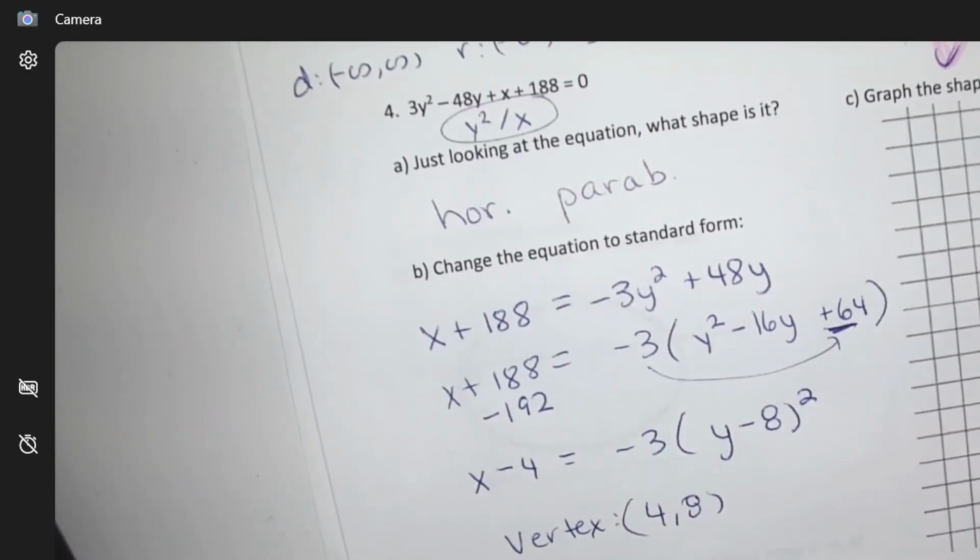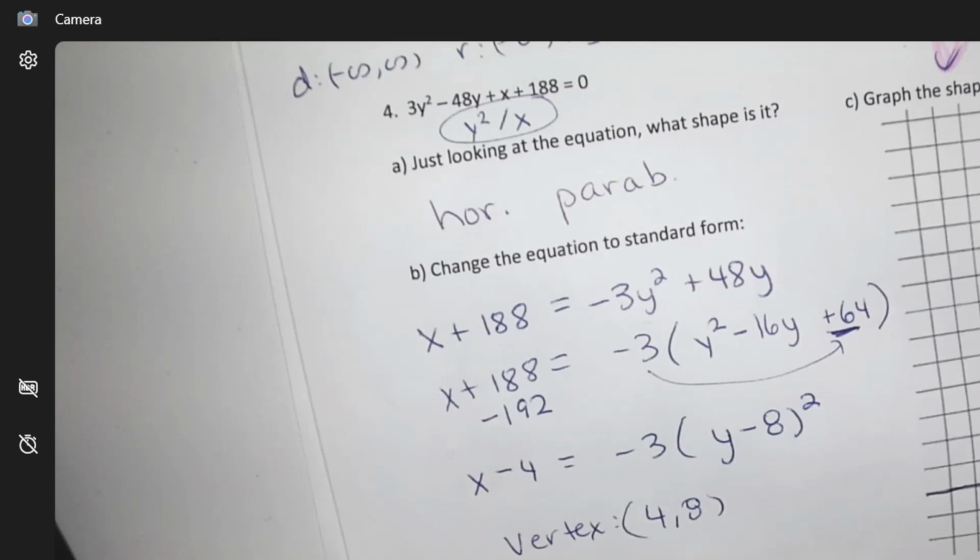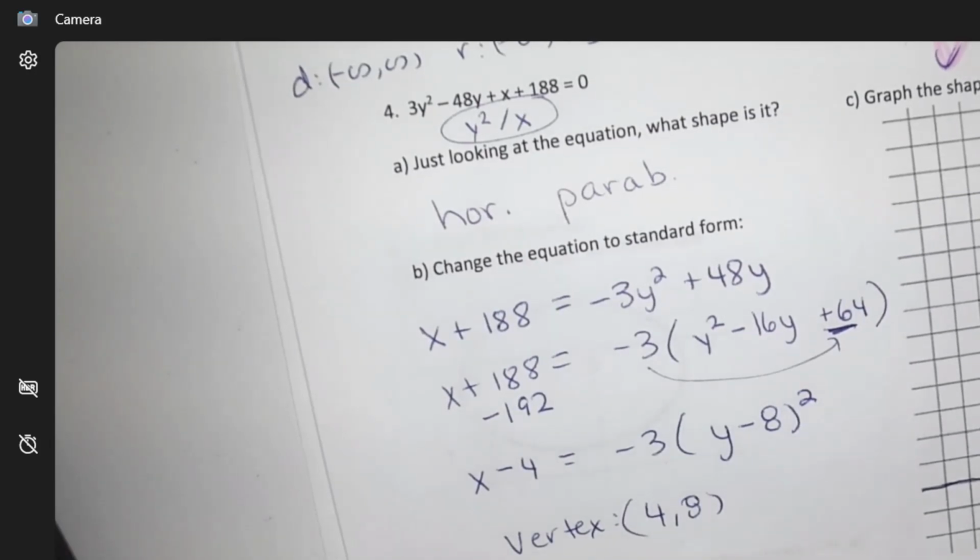I'm going to be doing this. Instead of 1, 1, I'm going to do 1 and then 3. Okay, 4, 8. So I'm going to draw my axes way off center here.